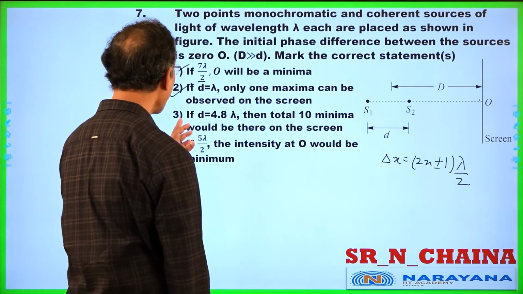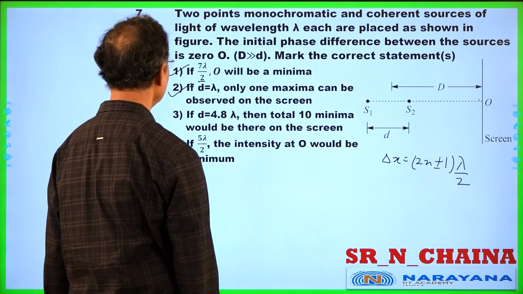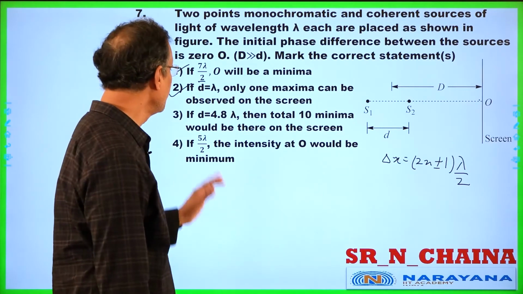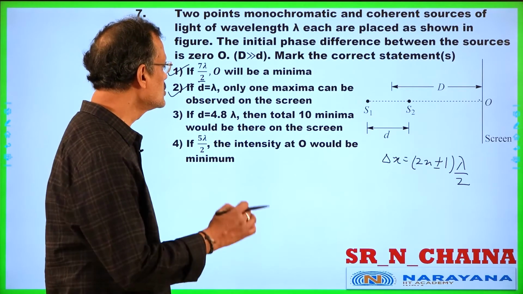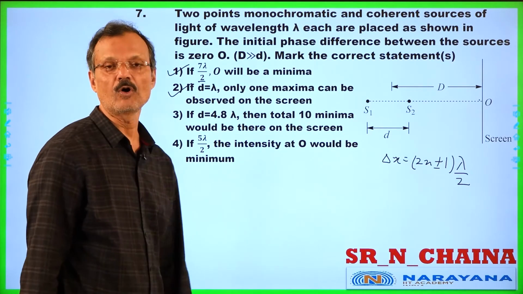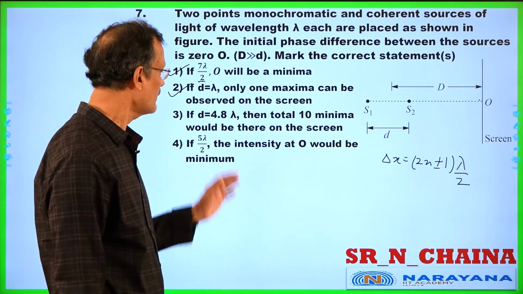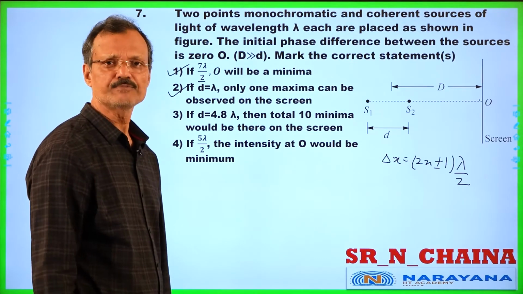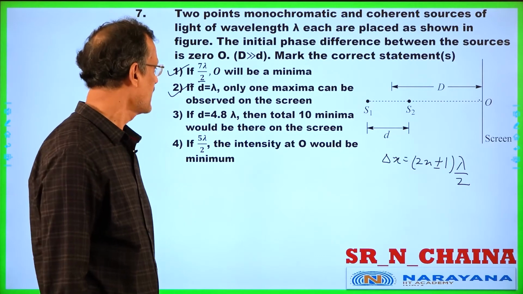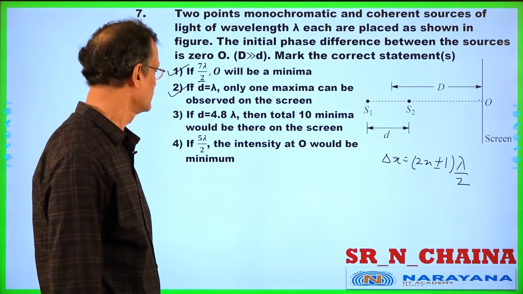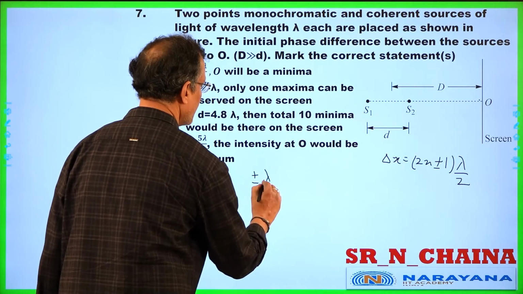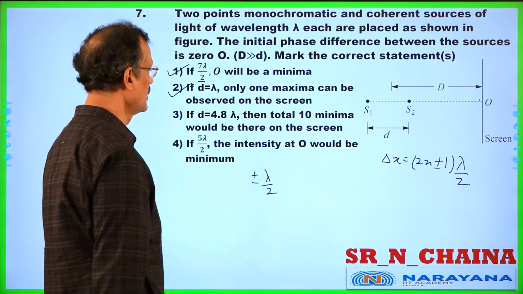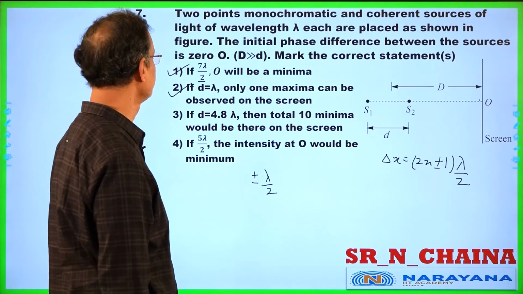Okay. Now let us go for number 3. If D equals 4.8 lambda, a total of 10 minima would be obtained on the screen. We have to analyze. You have to start from plus minus lambda by 2. So first I am going for plus minus lambda by 2: 2 minima.